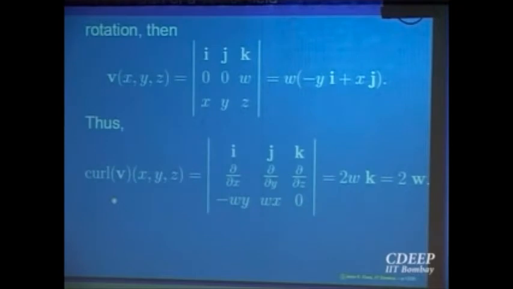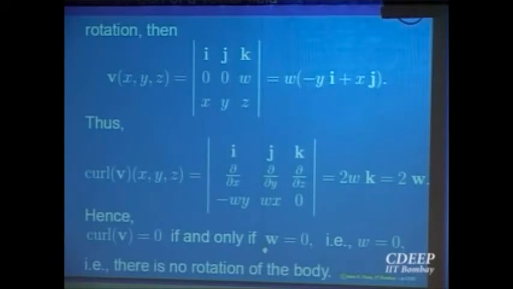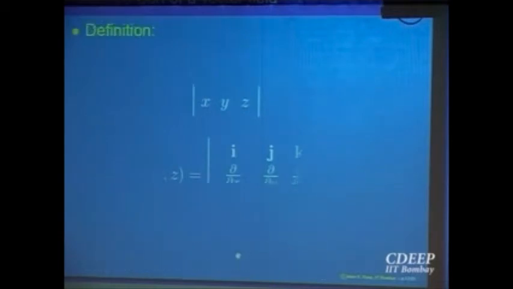So this says that if there is no rotation, then this w will be equal to 0, angular velocity is 0. So no rotation means curl of v is equal to 0. So in that sense, curl signifies the rotational tendency of a vector field. So that is what we say, curl of v is 0 if and only if w is equal to 0. That is the tendency of the vector field to be irrotational.